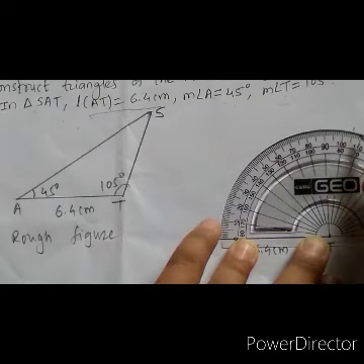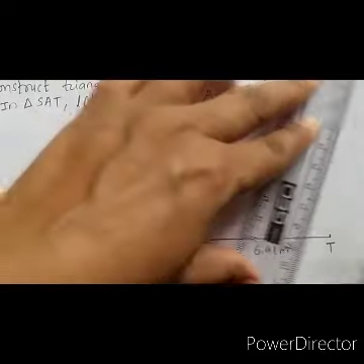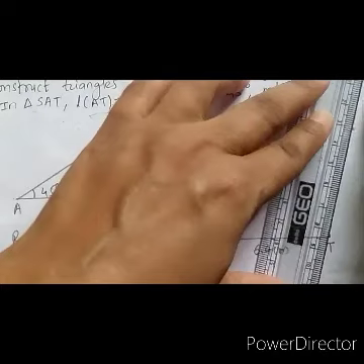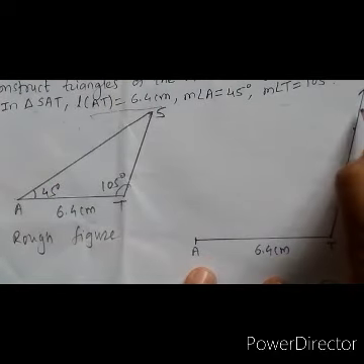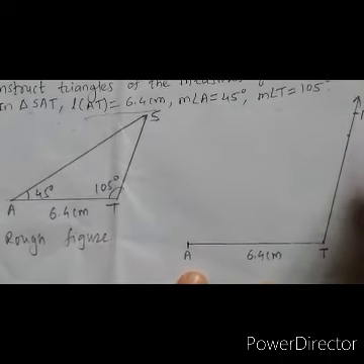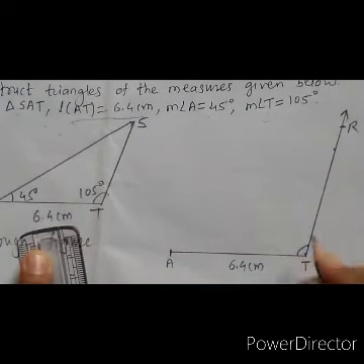Therefore this middle line, 100 plus 5, that is 105 degrees. Now join these 2 points and draw the ray. Here we can give the point R. Now we got angle T of 105 degrees.